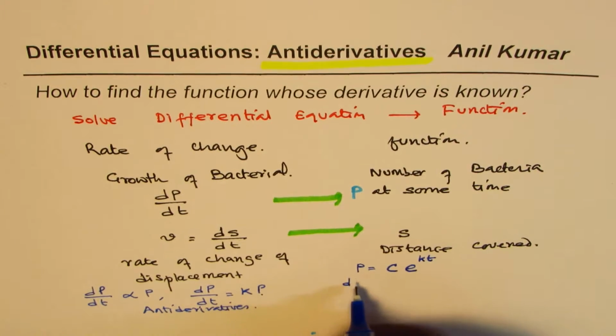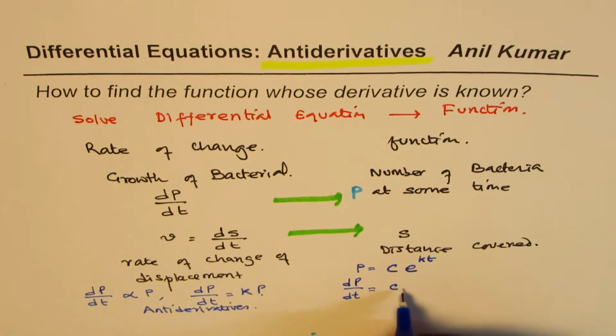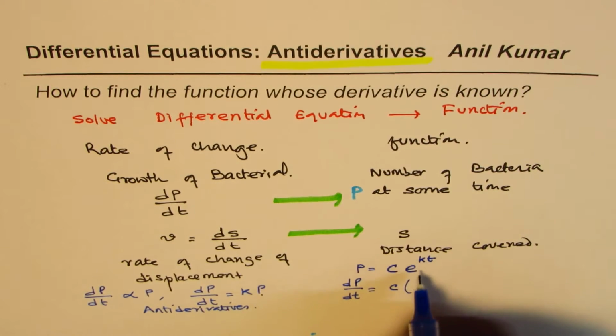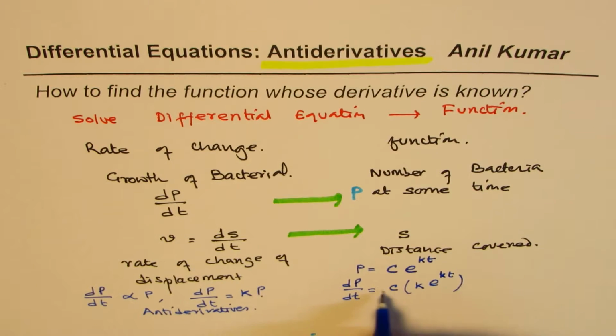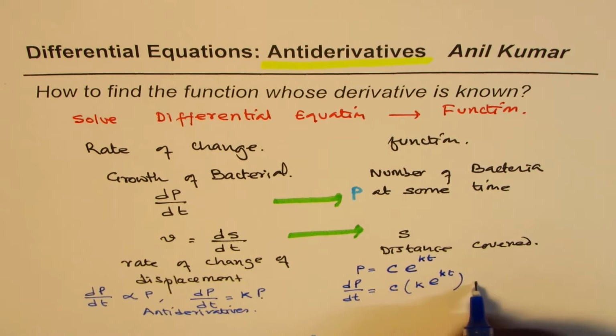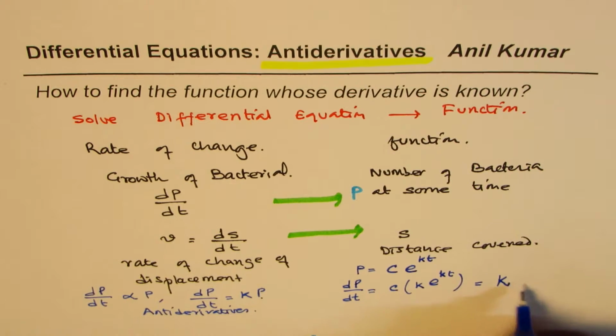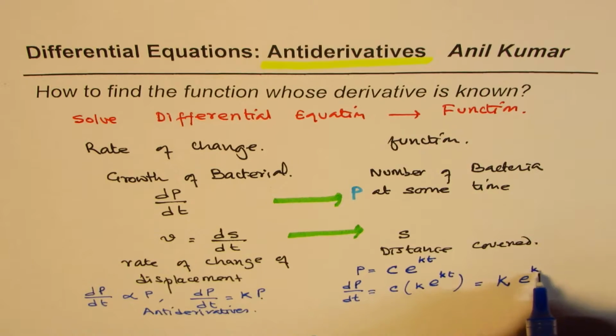So dp/dt is equal to what? It is equal to c times k, the derivative of kt being a constant, times e to the power of kt. Do you see that? Now c and k are both constants, so we could write c times k as some other constant, k e to the power of kt. Do you see that?